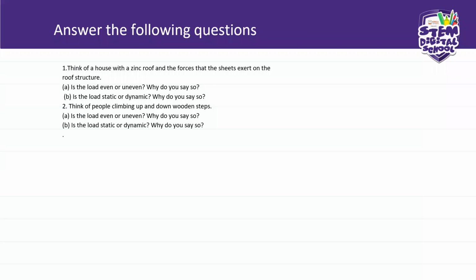It is because people are not standing still on one spot. Okay, they are moving. It's not one person, it's different people. So there is a weight there, and it is moving. So the load is even, and it is also dynamic because the people are moving, climbing up and down the stairs. So the load is dynamic, it is not static.